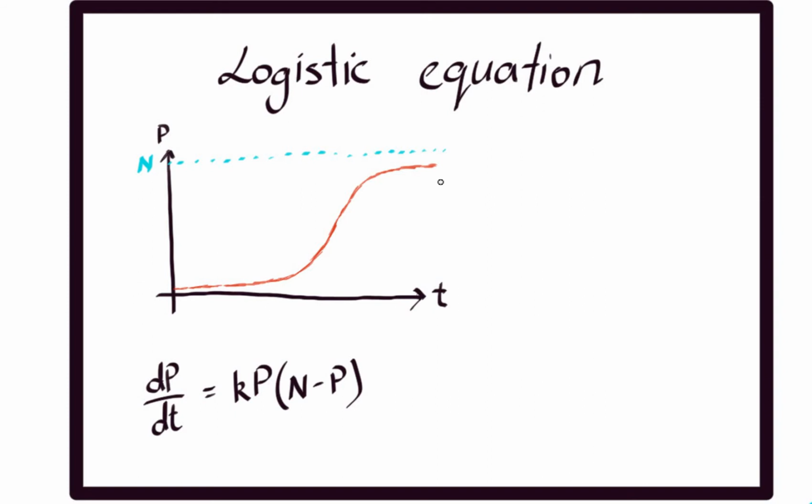Now, sometimes the logistic equation is written in a slightly different way, where you can see another constant is used, capital K, and in this case it's called the limiting condition. So let's summarize under both of those.